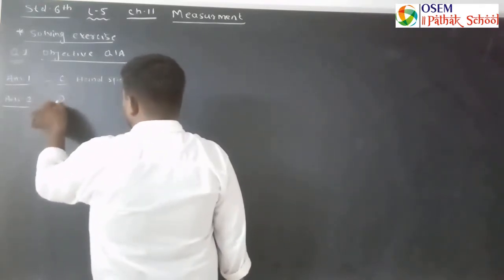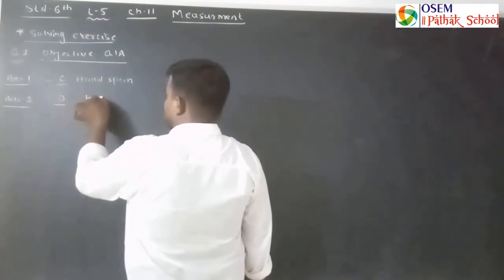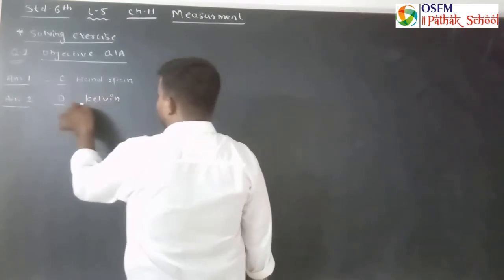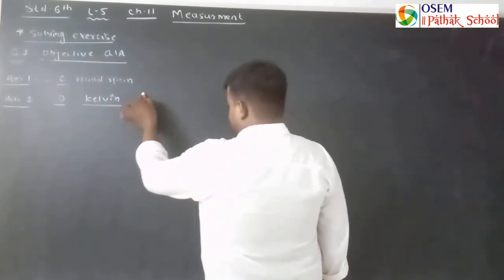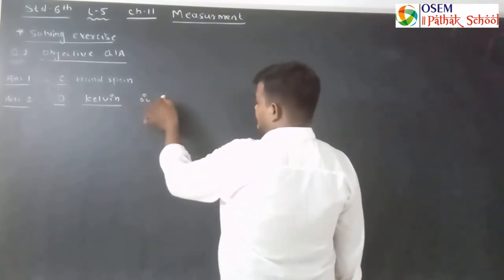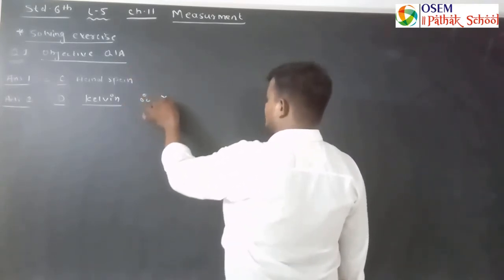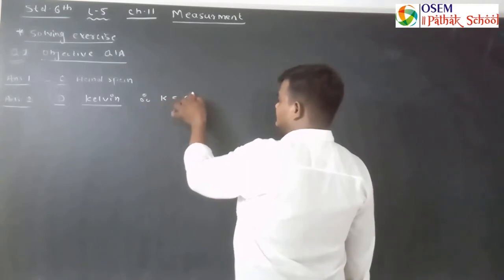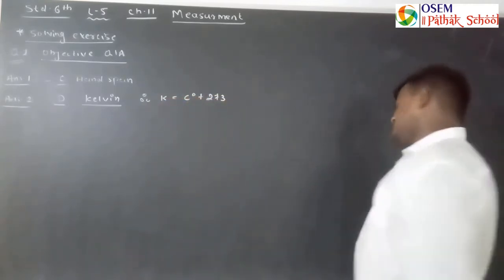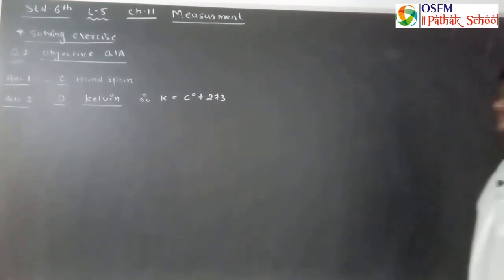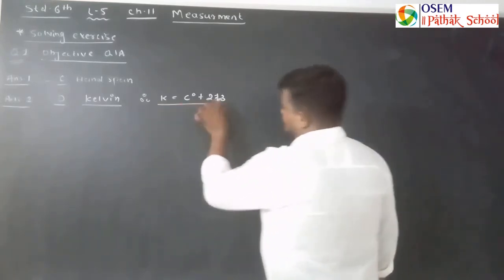Option D, Kelvin, is the SI unit of temperature. To convert Celsius to Kelvin, we add Celsius plus 273 and obtain Kelvin. This is the relation between Kelvin and Celsius.